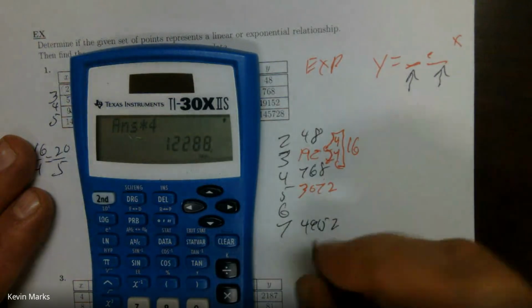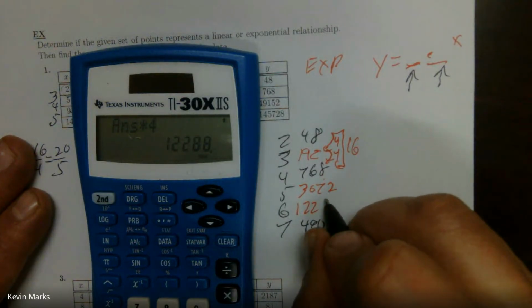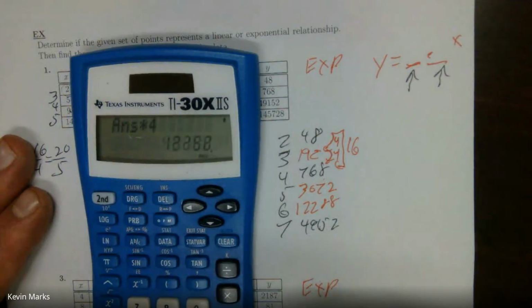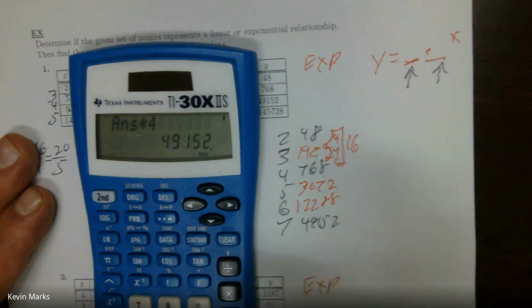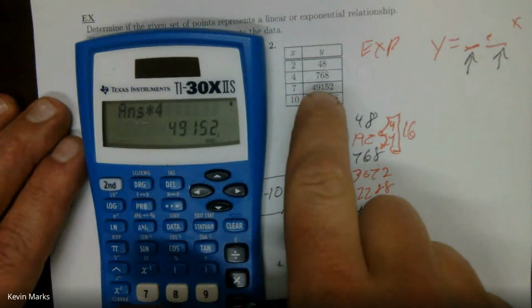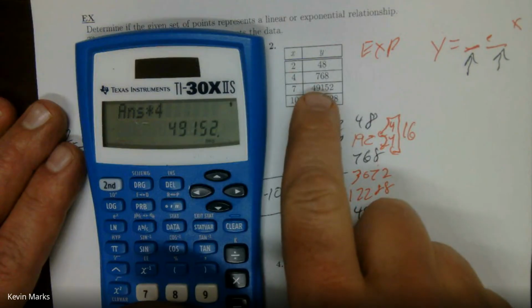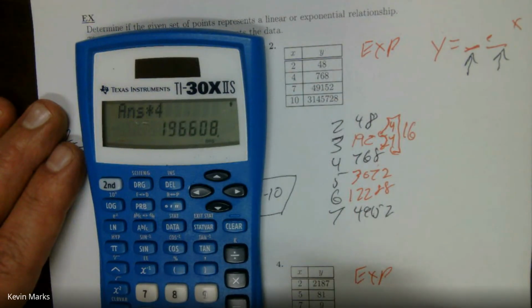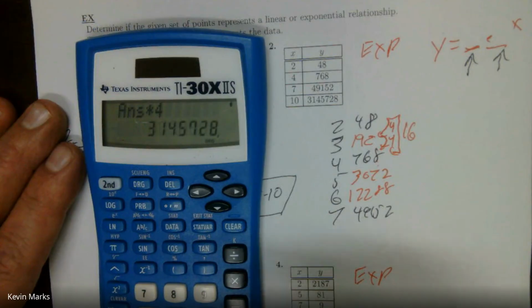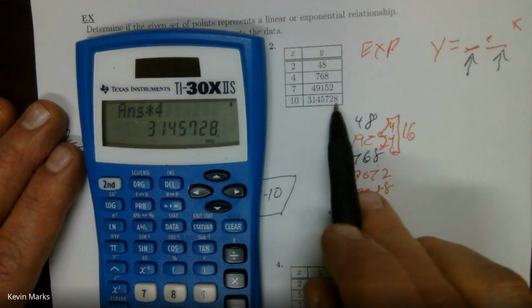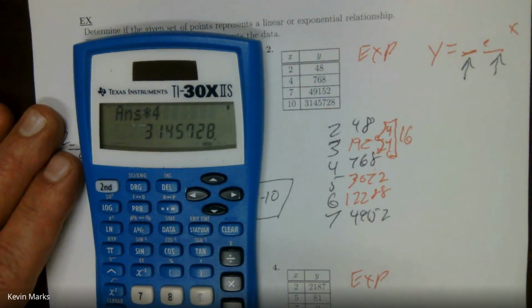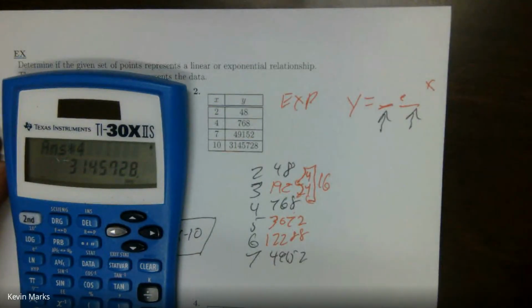If I multiply that by 4, there's 12288. And if you multiply that by 4, sure enough, there's the 49152. Okay, and heck, you could even keep going if you wanted. So this would have been 7, 8, 9, 10. And sure enough, when x is 10, we're getting that same number. See that 3145728? So what does that mean? We keep multiplying over and over again by 4.